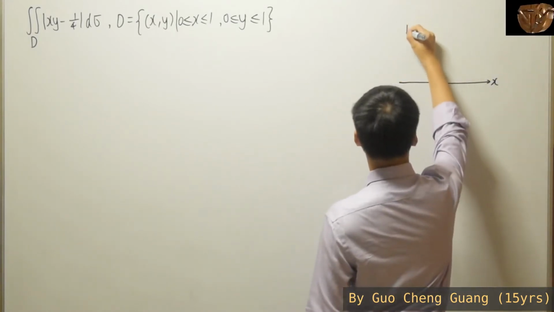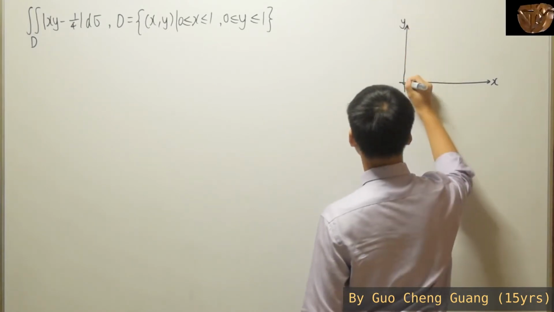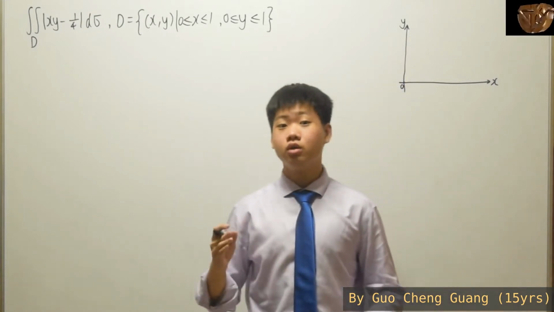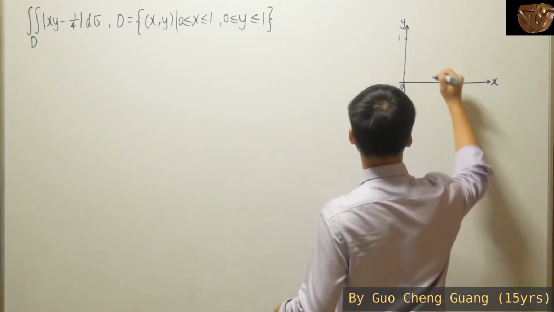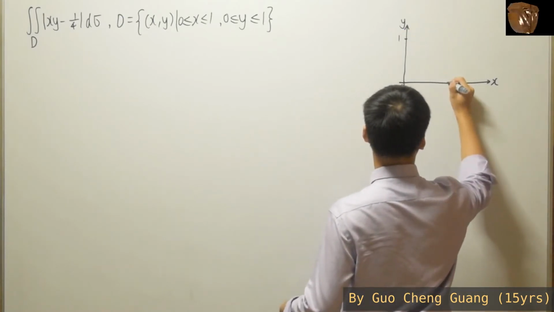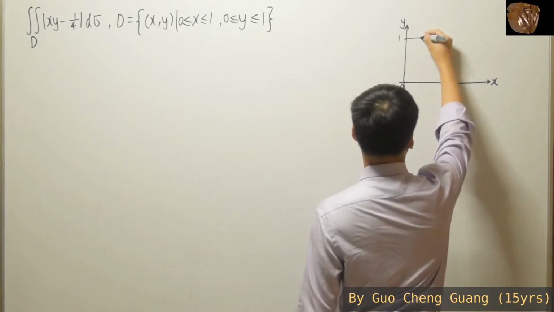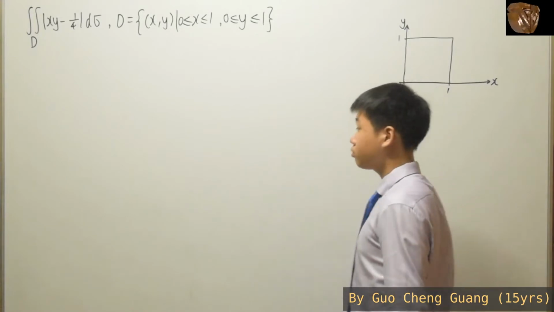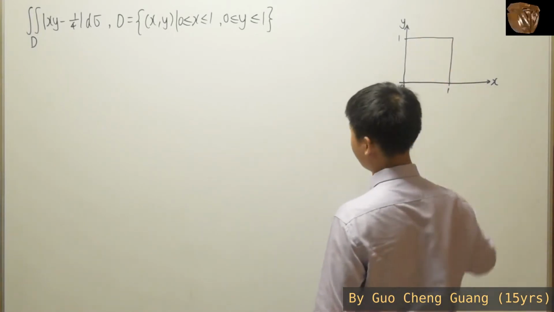Since for your x and your y, you would have x from 0 to 1, y is from 0 to 1. So that means we would have pretty much a square. Right. So this is pretty much the area that we will have.